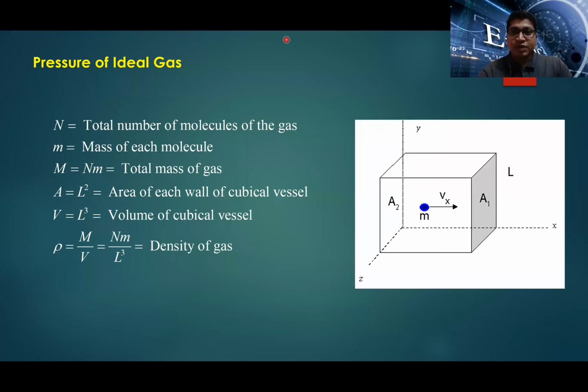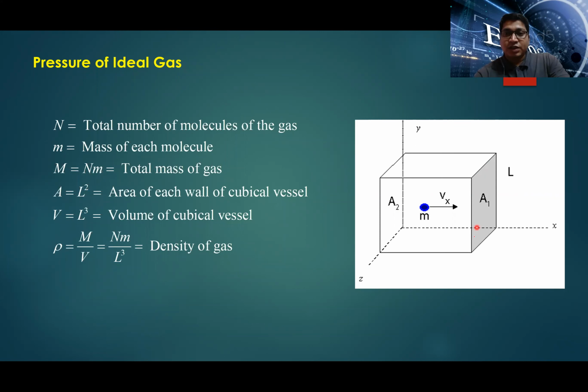Then further we assume that the mass of each gas molecule is equal to m. So the total mass of the gas will be the number of gas molecules multiplied by the mass of each molecule, which is equal to n into small m.